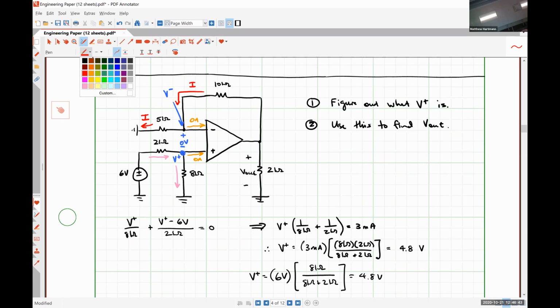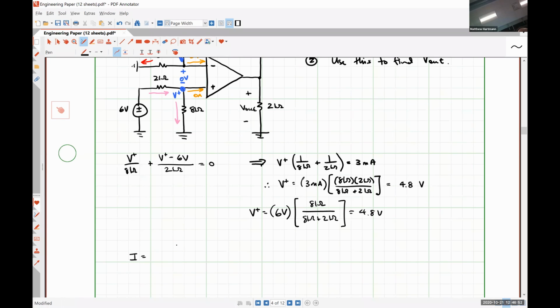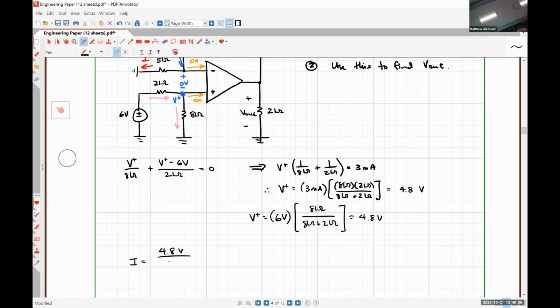So from this, we can then see that I is 4.8 volts over 5 kilo ohms, which is the same as V out minus 4.8 volts over 10 kilo ohms.